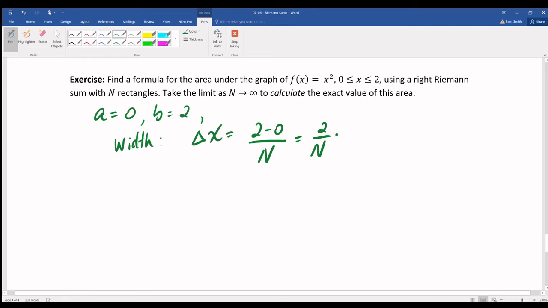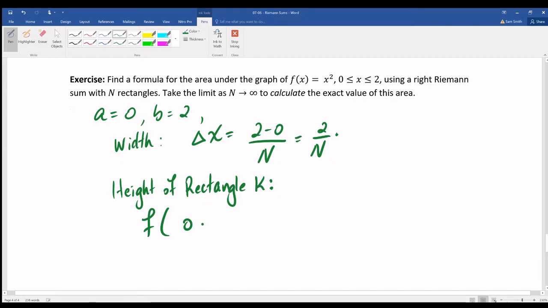Likewise, for the height of rectangle K in this sum, we can get this by plugging in the right endpoint of rectangle K, 0 plus delta x times K. But unfortunately, now delta x is 2 over n instead of something as nice as 1/5.